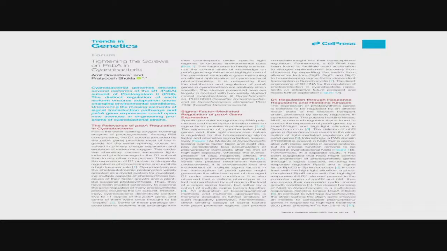I have written this with a very catchy title, tightening the screws on PSP in cyanobacteria, okay. I wrote some other title, but because it was an invited article, the editor told me she wanted a change. I asked what change? She said because you are really tightening various types of protein screws in your article, it should be like that.